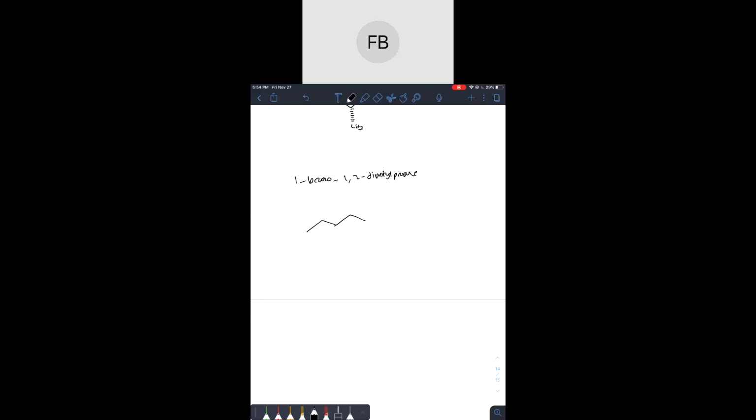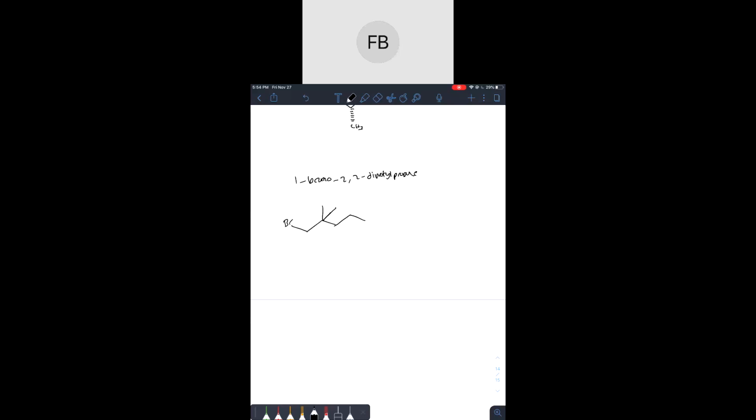The first carbon has a bromo on it. The second carbon has two methyls. Oh no, I wrote it wrong. This is 2, 2. So it looks like this. All right, so why does this have difficulty undergoing SN1 or SN2?